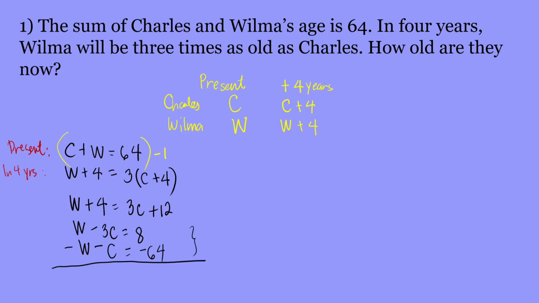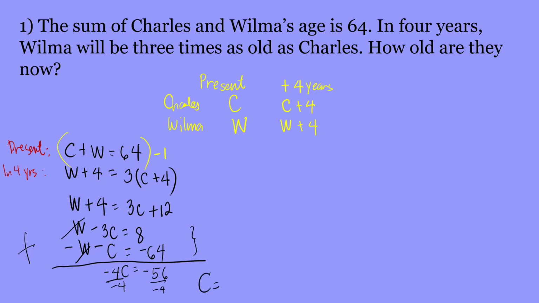So, with this, we can add these two equations so that W will be cancelled. When we add these two, it will become negative 4C. And negative 64 plus 8 is negative 56. Divide both sides by negative 4. So 56 over 4 is 14.